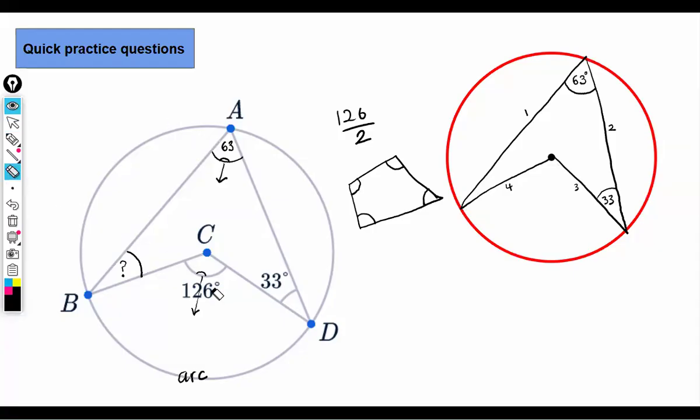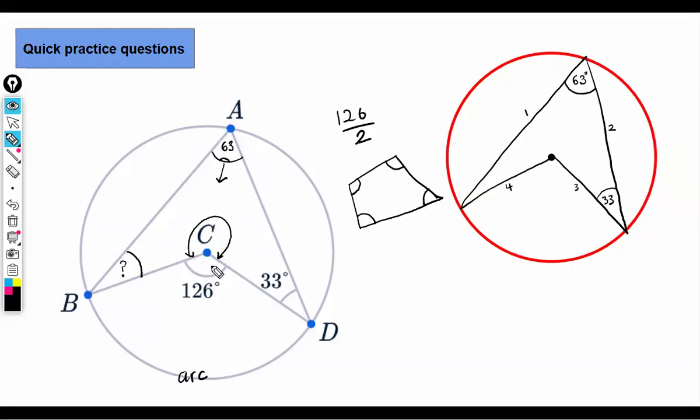Quick question. Is this 126 inside or outside? Look at it. That 126 degrees, is that inside the four-sided figure? Or is that outside or inside? Isn't this outside? How about we try to reason out this angle here?